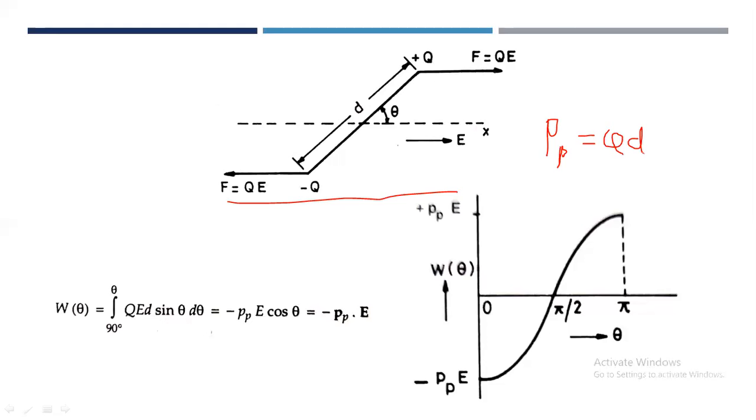Q is the charge and d is the distance between the charges. Q is the total charge.